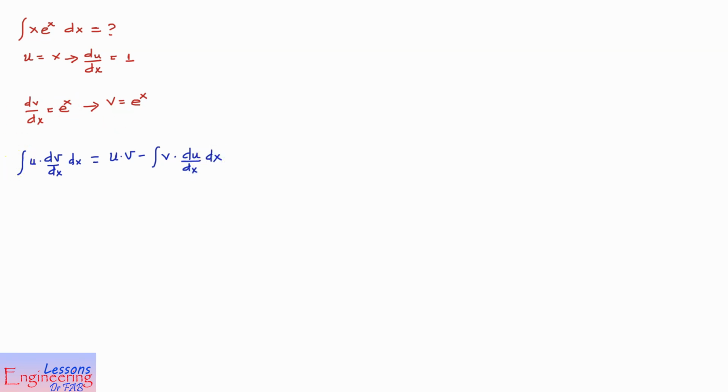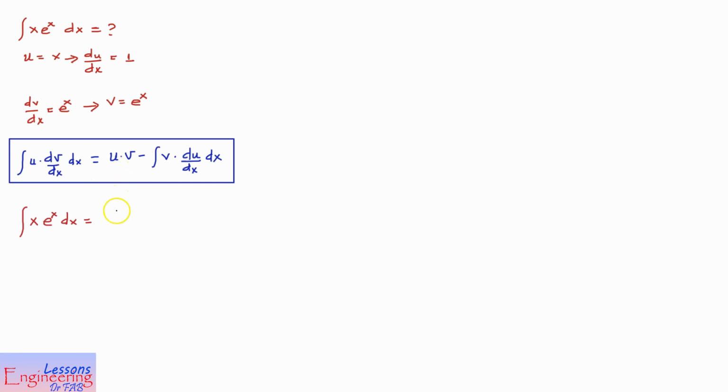So that's the rule of integration by parts. Okay, so we're going to apply this to our problem here. So we can write now the integral of u, which is x, and dv by dx, which is e raised to x, dx. So this is the problem we're aiming to solve.